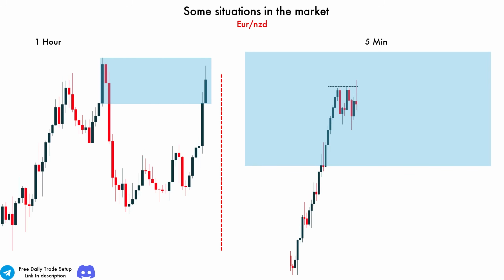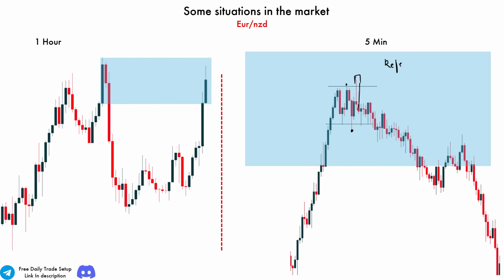So here we can clearly see that price has this high, and we have this low, and then price shot to the upside, triggering this, and then closed bearish with a rejection. And then let's see how the market behaved in this situation. The market shot to the downside. That's how at least you should try to understand this. But if you give it more practice, then everything will be fine.